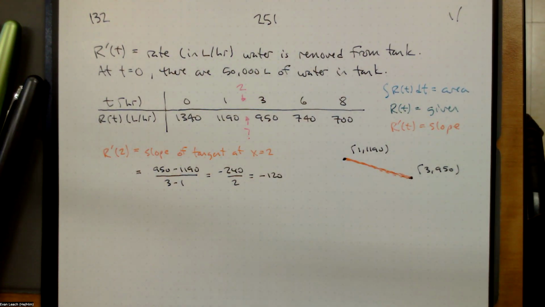Now, an important part of this is we want to interpret what's going on. We need to include the units. Now, I didn't leave space because I wasn't planning ahead. Pretty difficult, but the 950 and the 1190, those are both in liters per hour, and we're dividing by the 3 minus 1. The 3 and the 1 are both in hours.